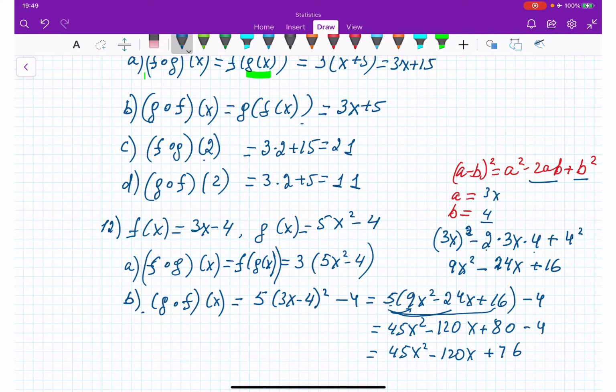Look what a big difference. In this case, f of g of x means you plug the value of g of x here, and you get 3 times 5x squared minus 4. Although you could multiply this. Let me clean this.